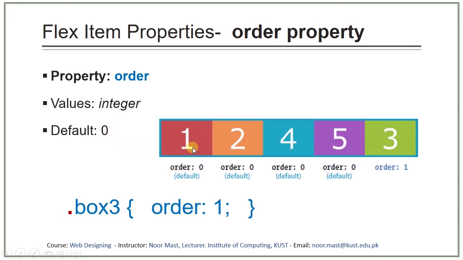Here the value for box number 1, 2, 4 and 5 is 0, while for box number 3 the order value is 1, as we have specified in the CSS rule order equal to 1. So those items which have the order value as 0 will be displayed first, and after that the item whose order value is 1. If suppose there is an item whose order value is 2, it will occur after 3.